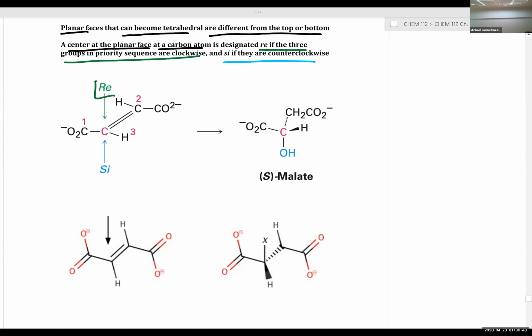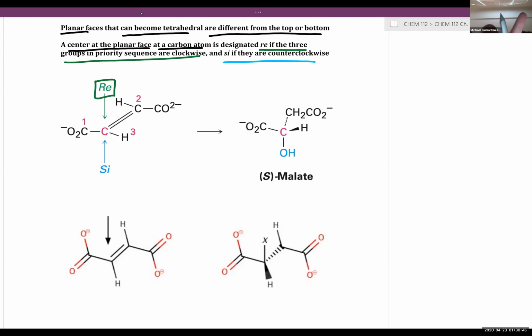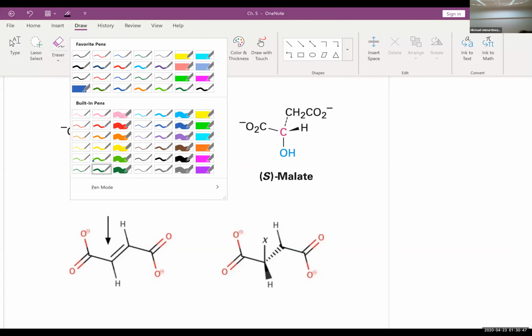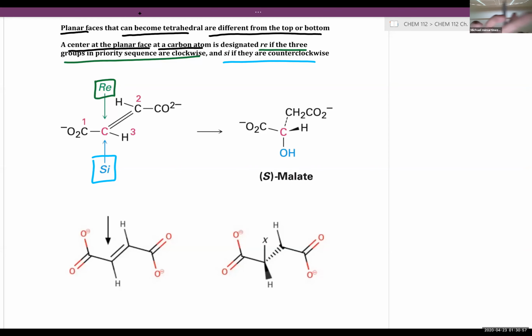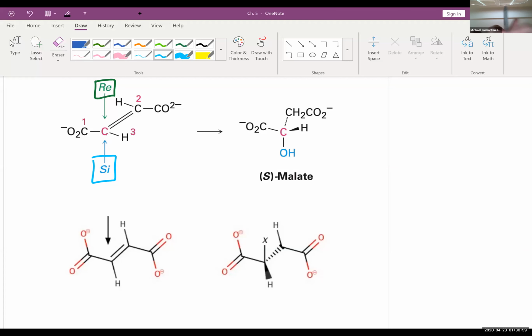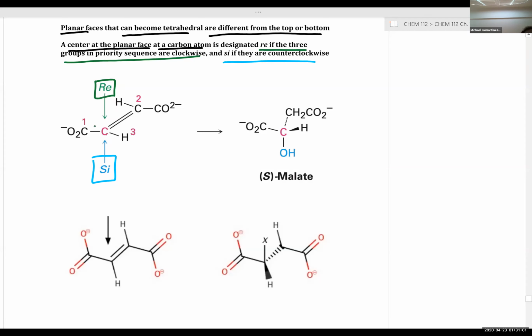The top face would be our Re face, and the bottom face is the Si face in this case. Now, we're going to look at our three groups in terms of priority, and as we notice, from our top face, from the Re face, going from highest to lowest priority, our groups are clockwise in our planar carbon.